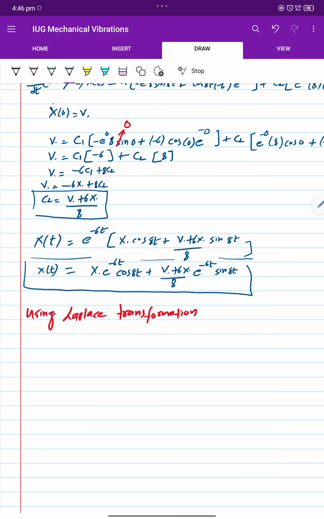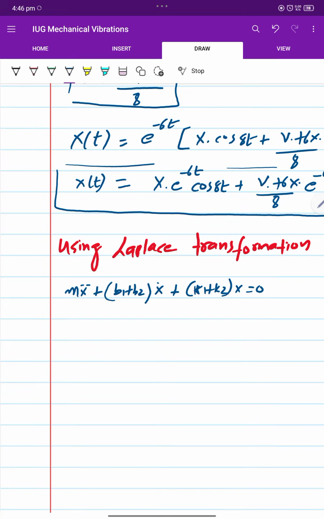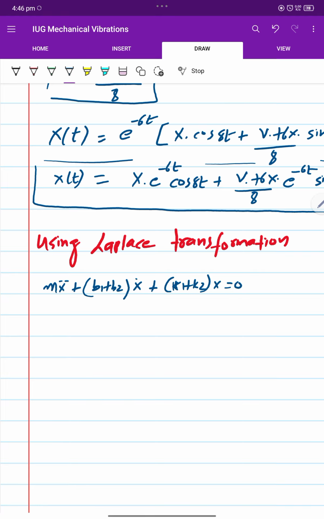So we had the equation of motion for this system: m x double dot plus (b1 plus b2) x dot plus (k1 plus k2) x equals 0, and we know the initial conditions. Now we are going to take the Laplace transformation of this.